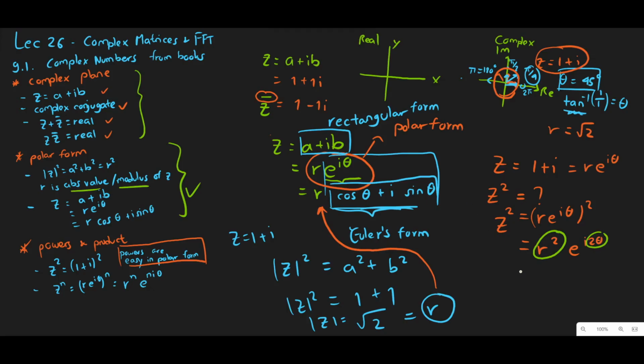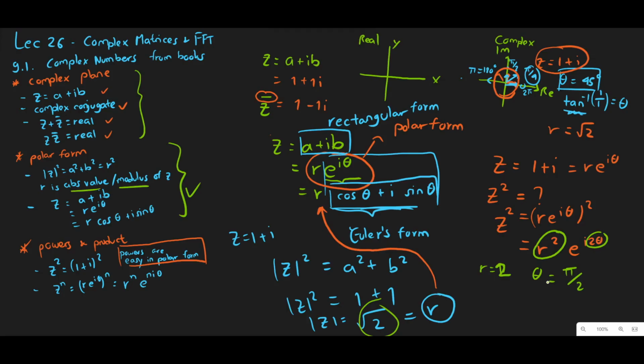In this case, r is the square root of 2, and the angle used to be a quarter of pi, but now we just double it, so half of pi.